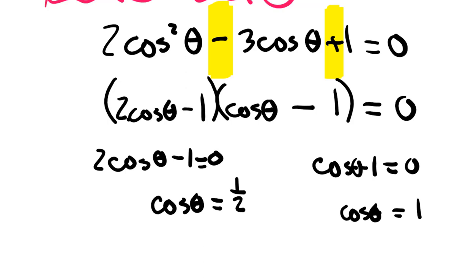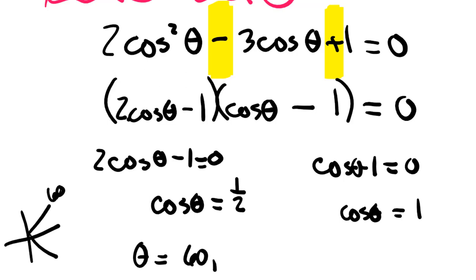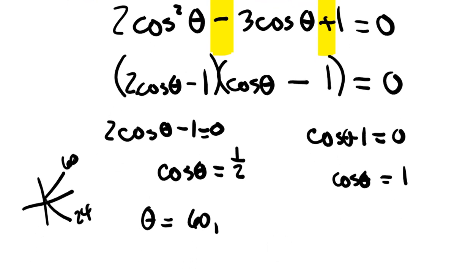Again, we'll look on the unit circle to see where those values are, and we'll write them in both degrees and radians. Cosine is going to be 1/2 at 60 degrees. Because cosines are x-coordinates, you just want to think about that on the unit circle. Since that's positive, you're going to go here and here. So that's where 60 is, and then 60 degrees below the x-axis would be 300 degrees.